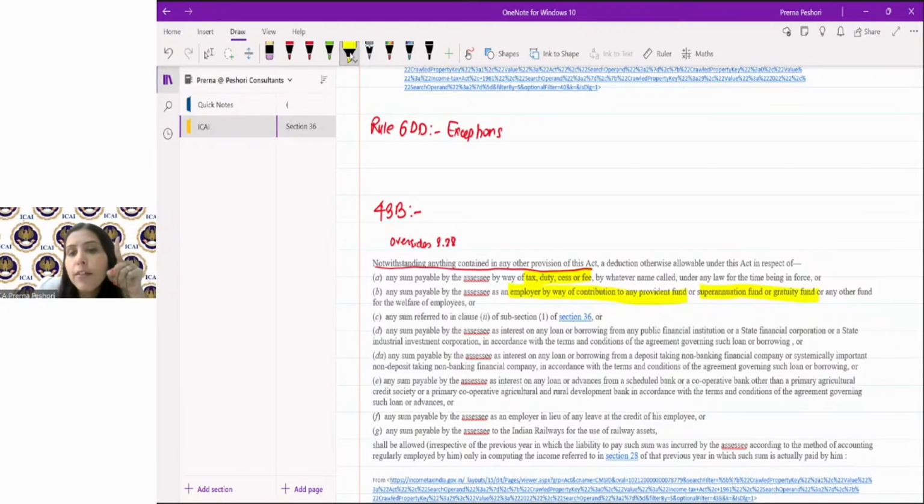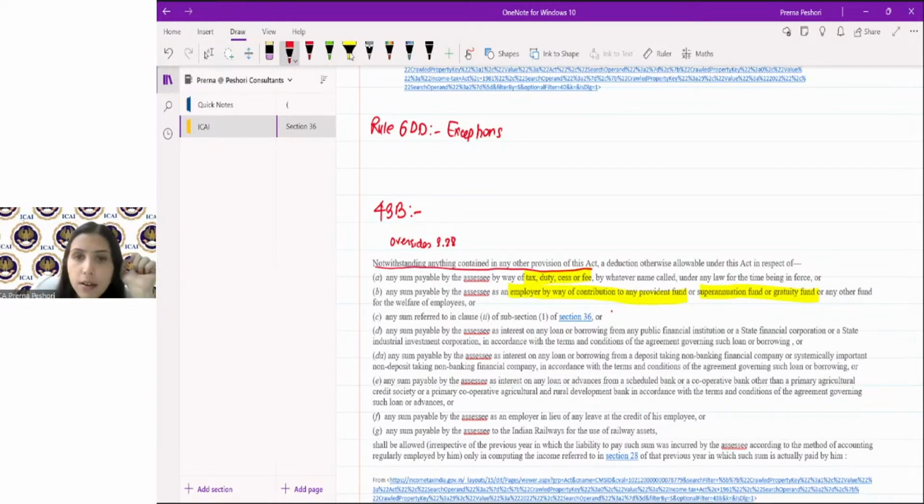Remember in 36(1)(iv)(a), I was telling you that employer's contribution to provident fund is subjected to section 43B. As in, you can contribute any time before the due date of filing return of income, and you'll be allowed deduction. But employee's contribution to the provident fund will be allowed as a deduction only when it is deposited before the due date of the fund, right? So employee contribution is not subjected to 43B, and there is a specific amendment to that effect. Clear?